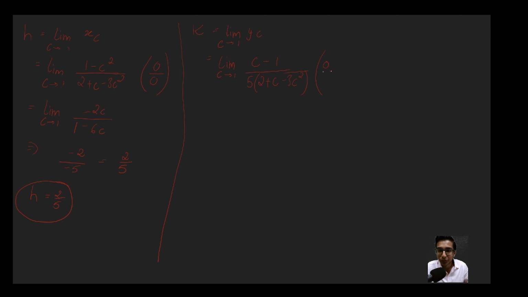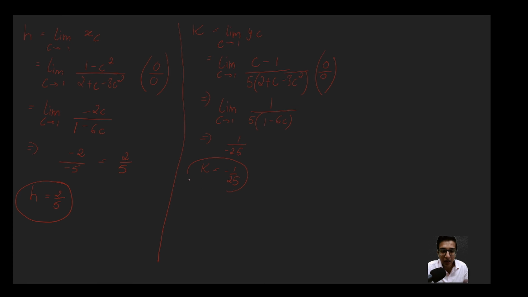Again, if you put the value of c directly, this becomes a 0 by 0 indeterminate form. So let us differentiate. What are we going to get? It would be 1 on top, and below we would have 5 times (1 minus 6c). Now let us put the value of c to be 1. What are we getting? 1 upon minus 25. So our k becomes minus 1 by 25.